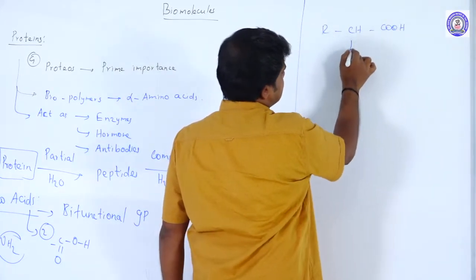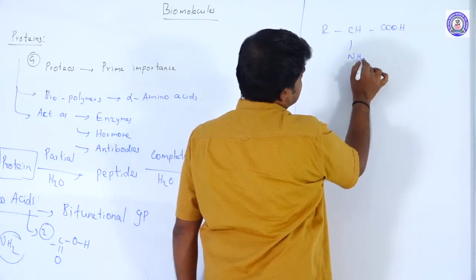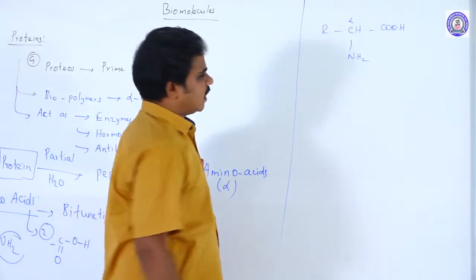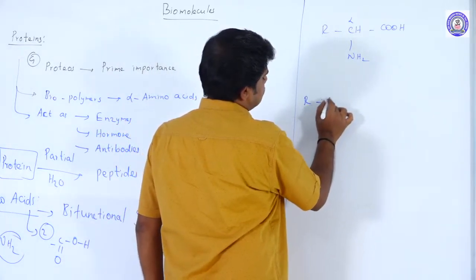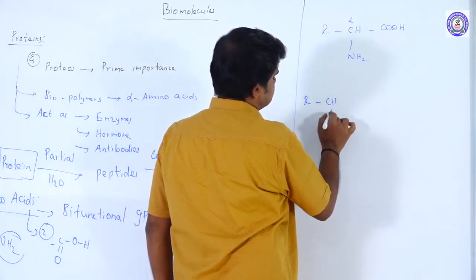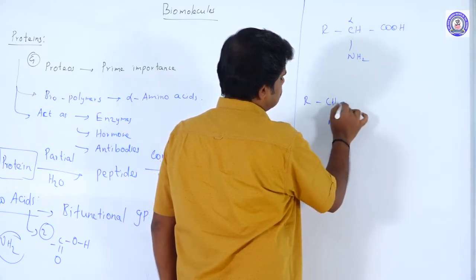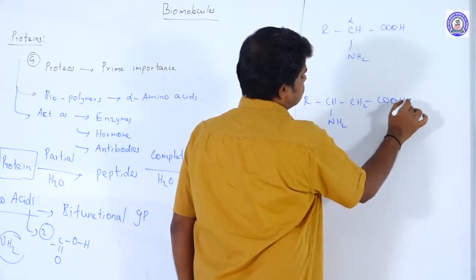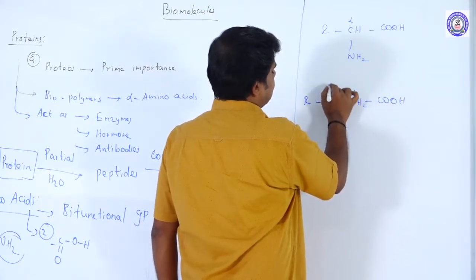In this acid, the amino group is present on the alpha carbon. Then here CH NH2 and CH2 COOH, it is alpha and it is beta.